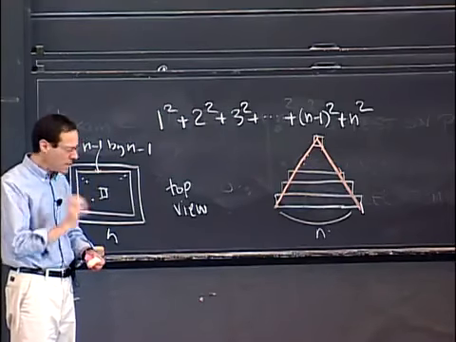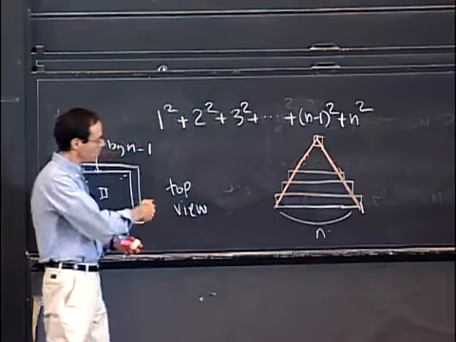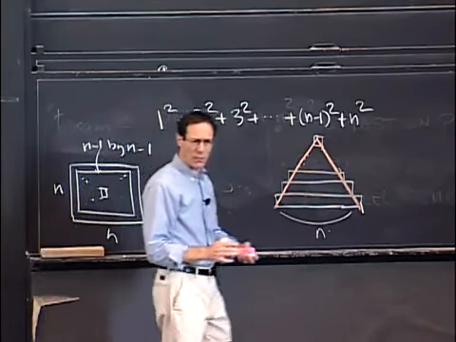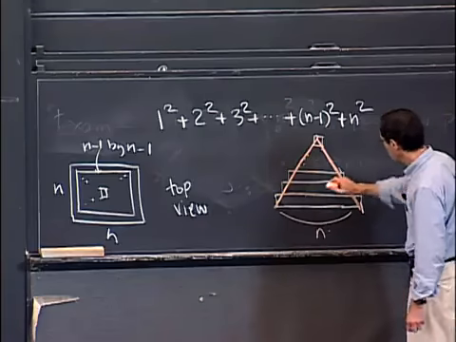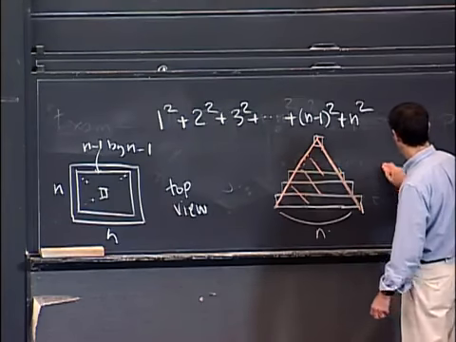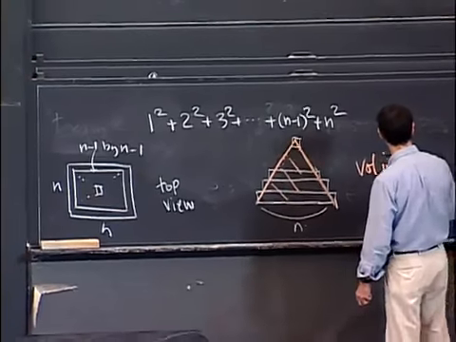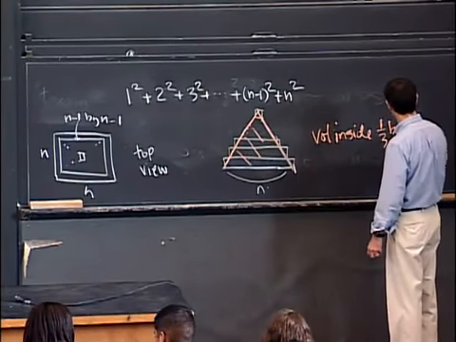And we know the formula for the volume of that, because we know the formula for volumes of cones. And the formula for the volume of the inside is 1/3 base times height.